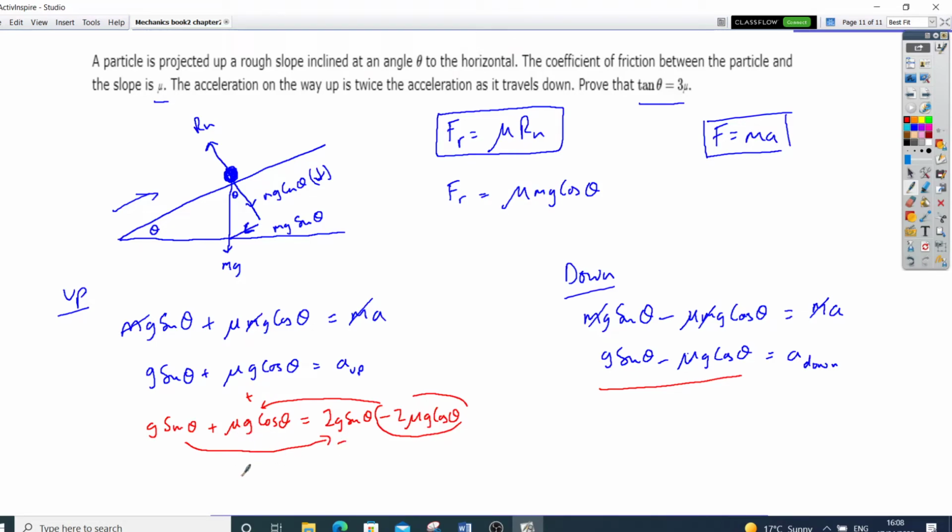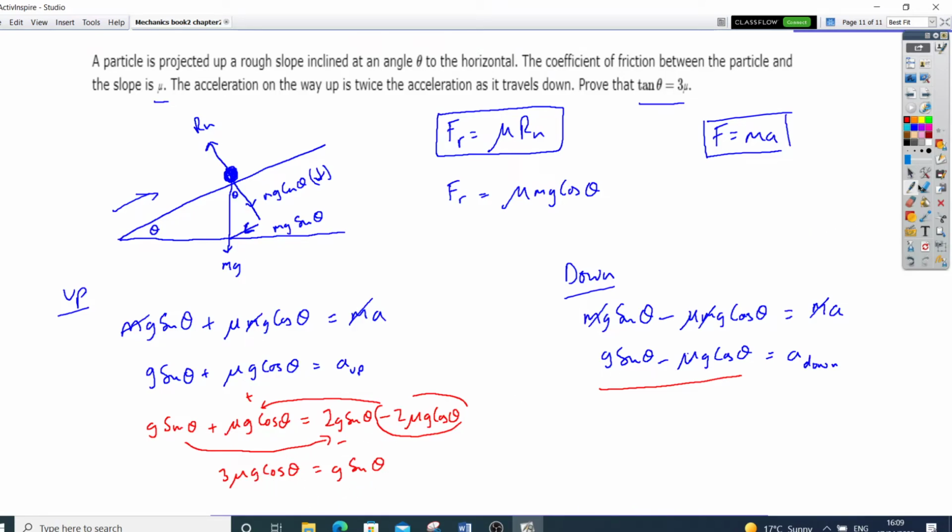What I'll end up with is 3 mu g cos theta equals 2g sine theta minus 1g sine theta, just g sine theta.